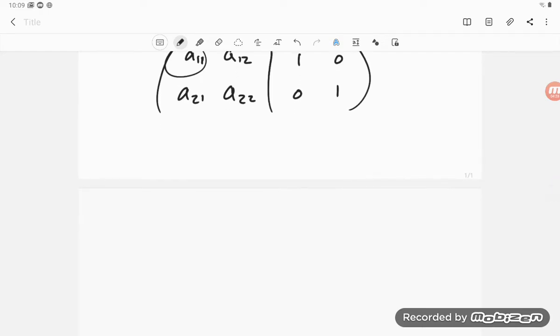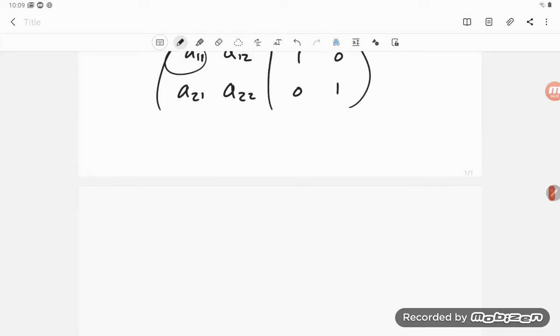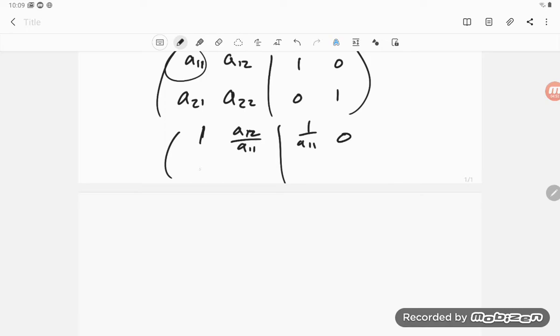If that's the case, I am going to divide through the top row by that, and I will get 1 in the first spot, then a12 over a11, and then 1 over a11, and 0, and we still have a21, a22, 0, and 1.